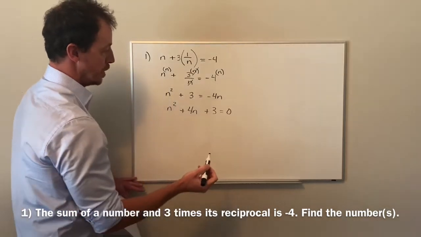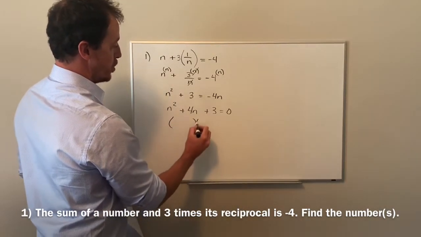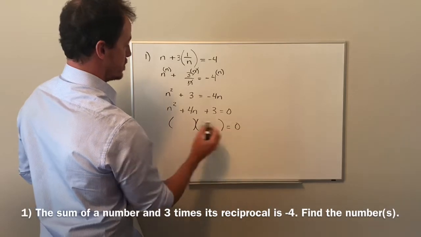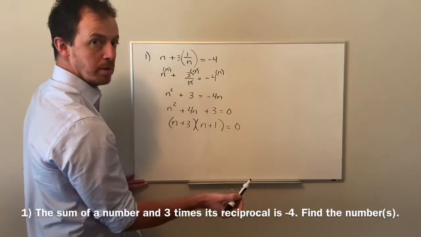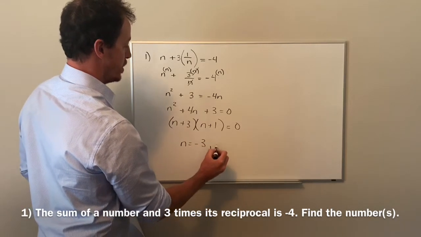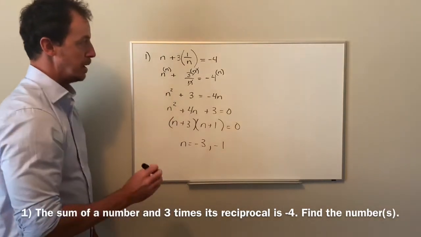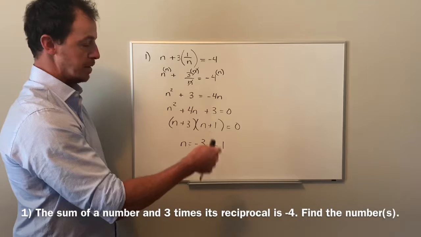So now I got n squared plus 4n plus 3 equals 0. Well, this will factor pretty easily. n plus 3, n plus 1. And then, of course, my 2 answers here would be -3 and -1. Either one of those will work in this scenario.